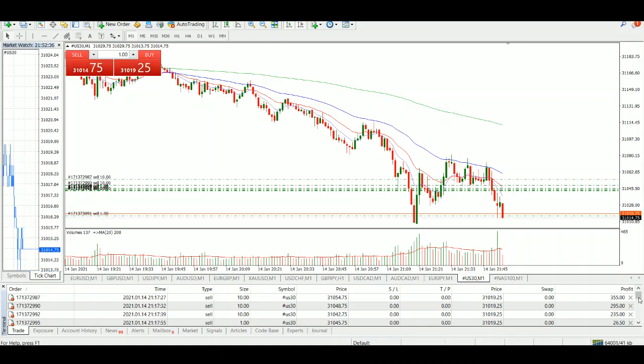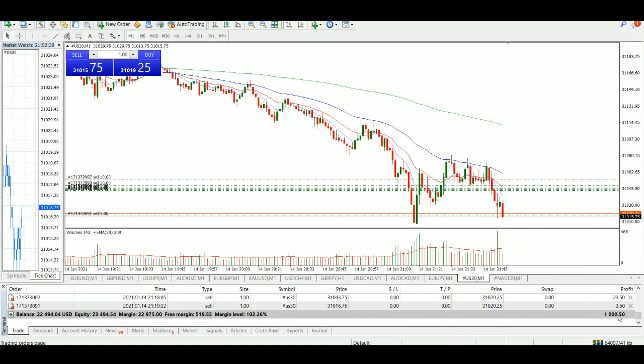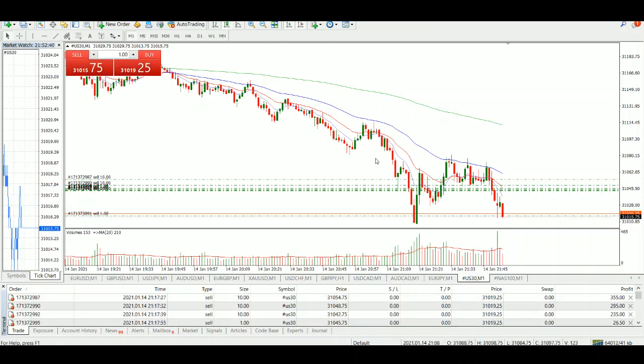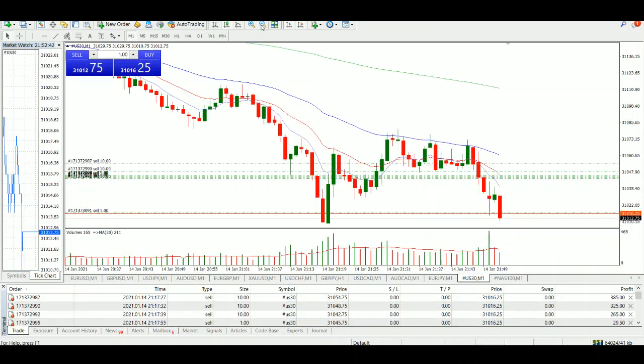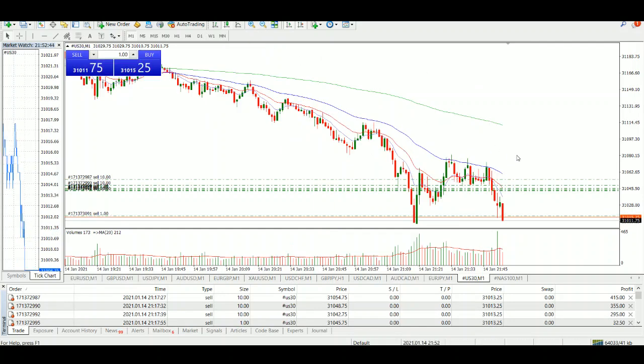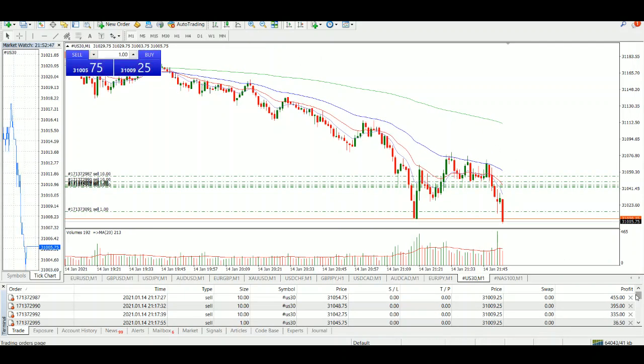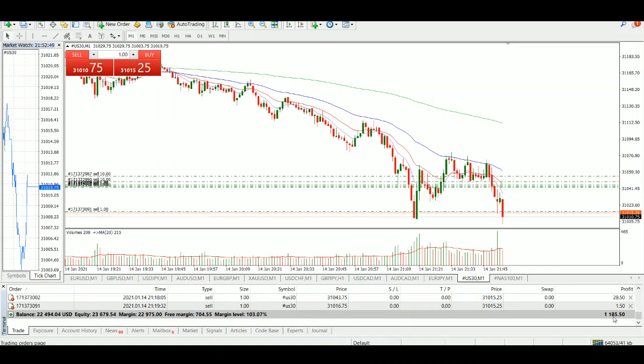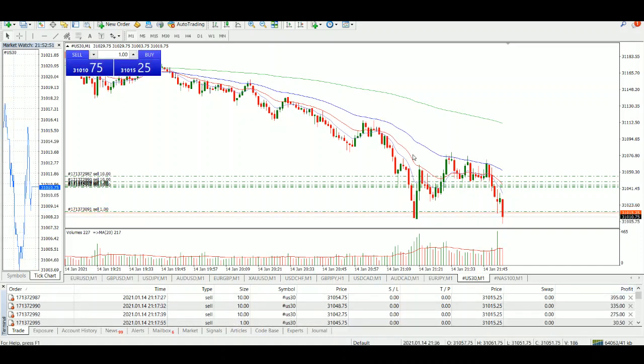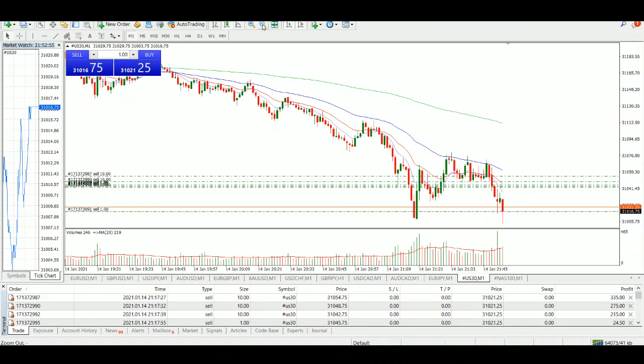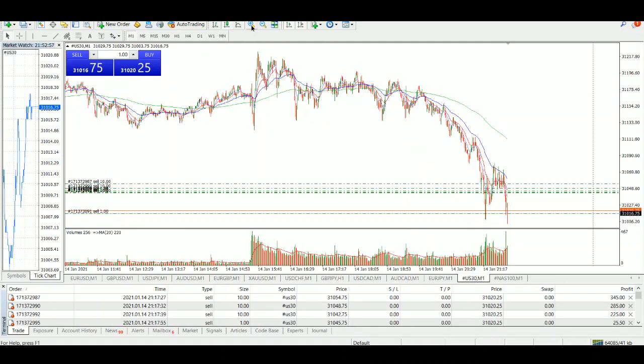Here we are, crossing $1,000 in profits again. And now we are going for many more thousands of profits. $1,400 in profits, and we will still be making much more. New low for the day.